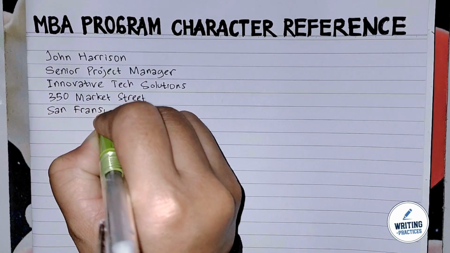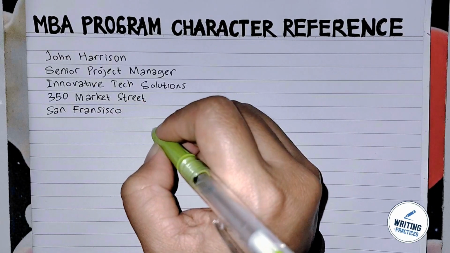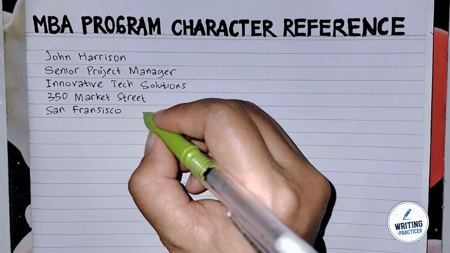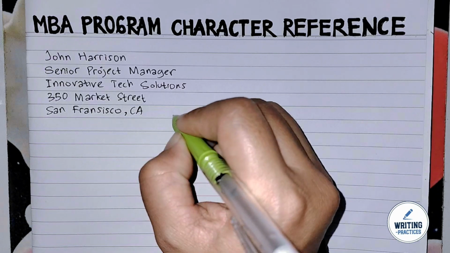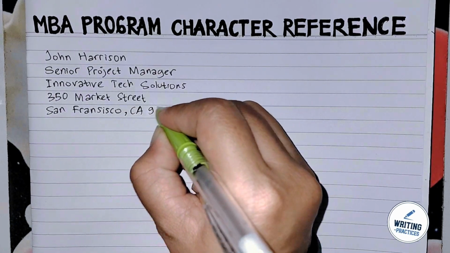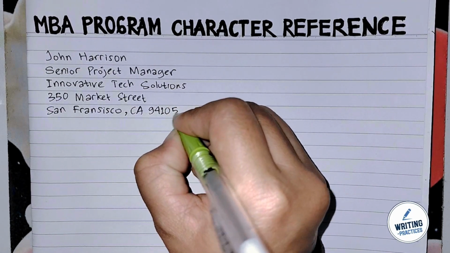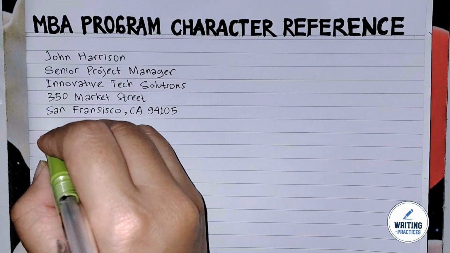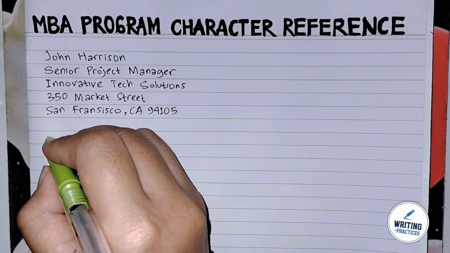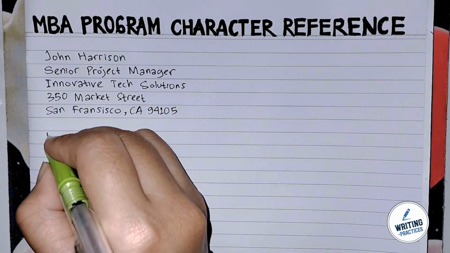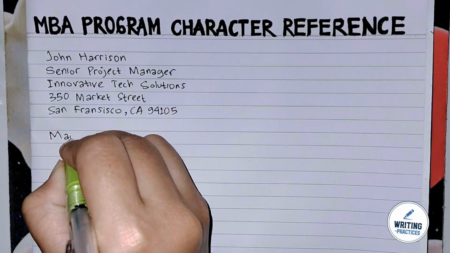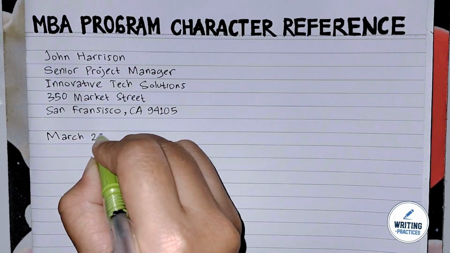Here, Writing Practices will show you how to write an MBA program character reference letter step by step. Check this out. First of all, you need to write the sender's information. This must provide the full information of the person writing the reference letter, ensuring clarity about who is endorsing the applicant. Write your full name. Under it, write your professional title.